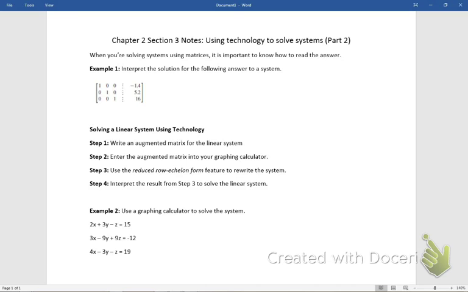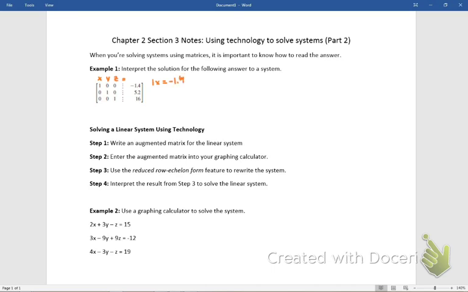Now, what this means is that since you now know how to put an equation into a matrix, you know that this first column is x, this is y, this is z, and it equals something. So if I were to rewrite this back in the original form, we would have 1x plus 0y plus 0z equals negative 1.4.